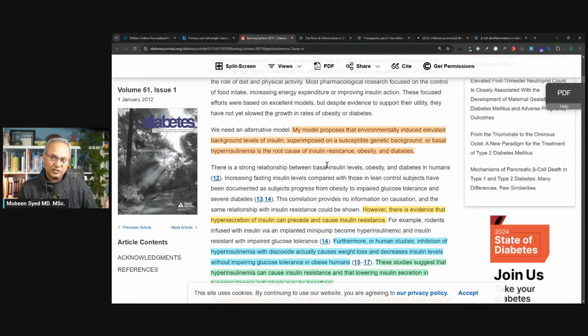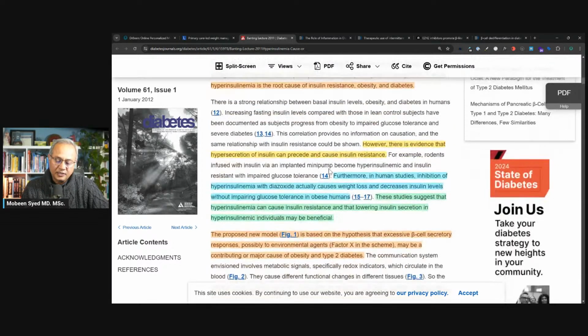So she starts with more insulin because of bad foods, which then leads to obesity and diabetes. So logically, the answer is going to be to correct the foods, right?